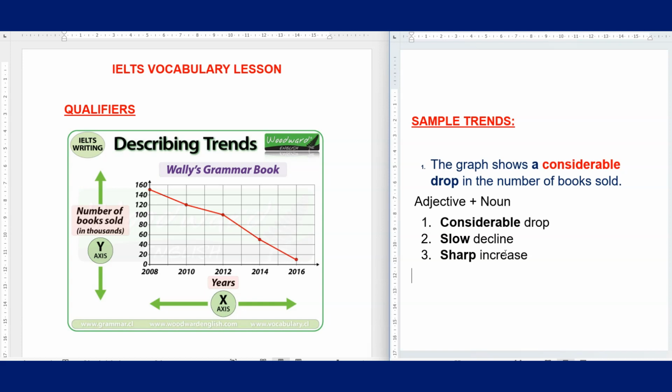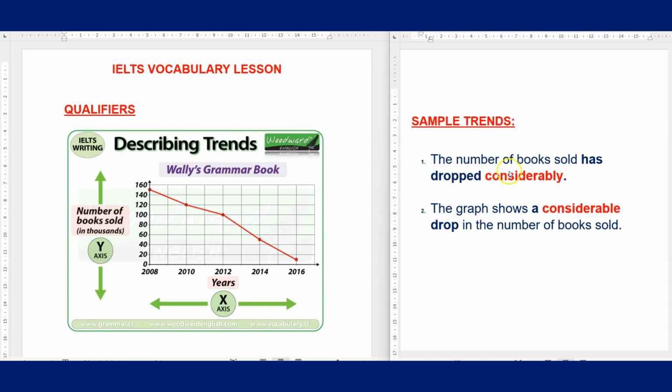Now let's look at these two sentences again. The number of books sold has dropped considerably. The graph shows a considerable drop in the number of books sold. What have we learned here?